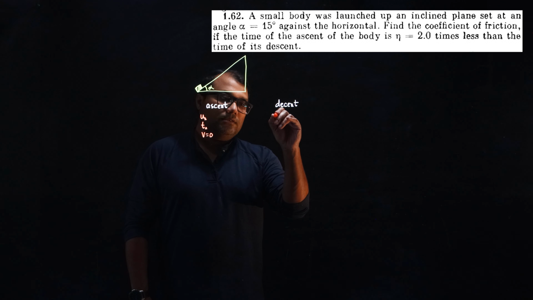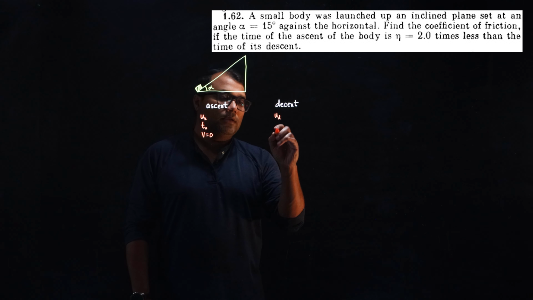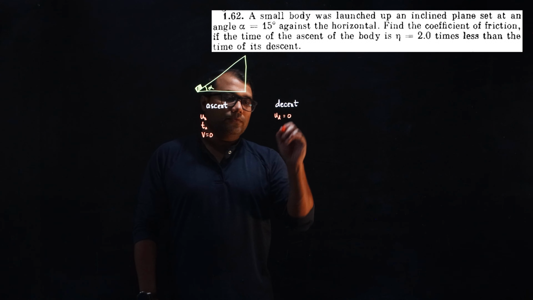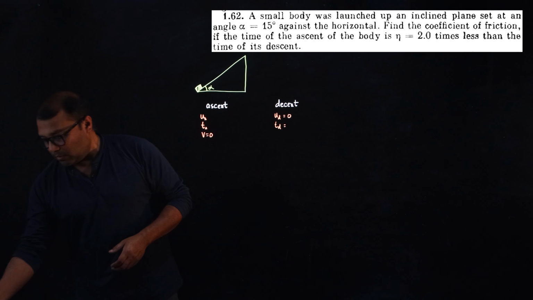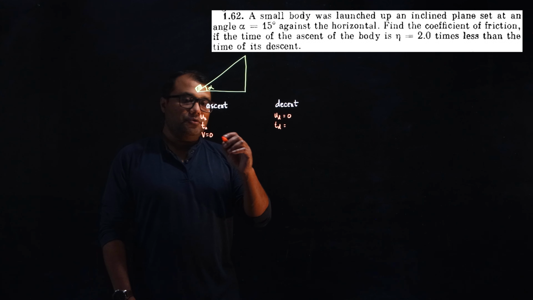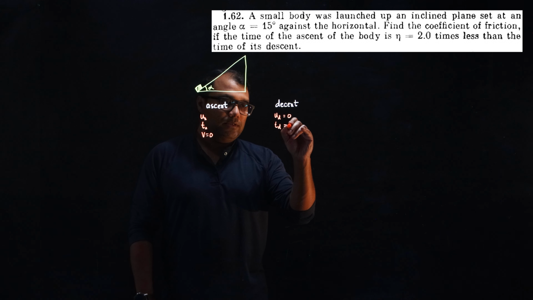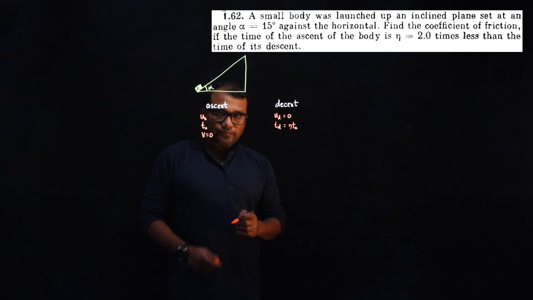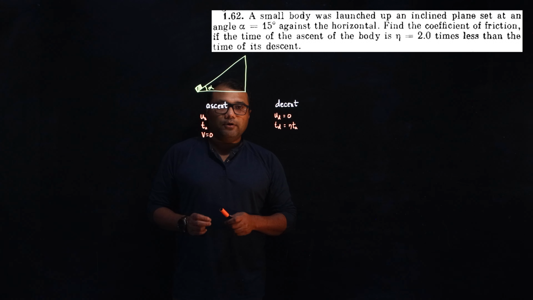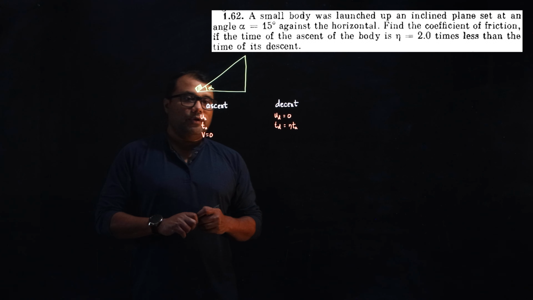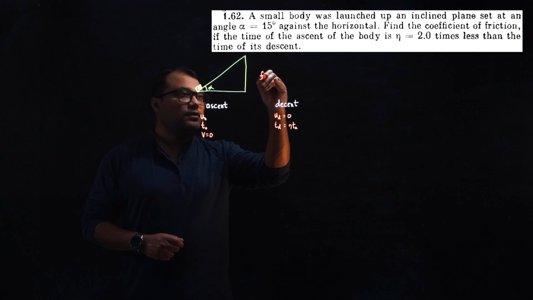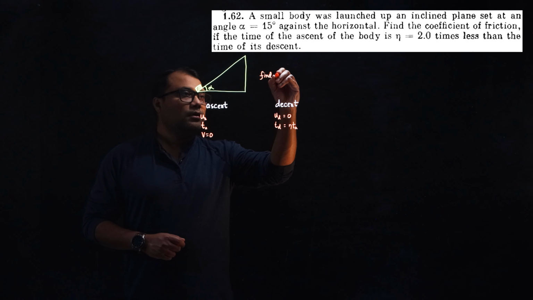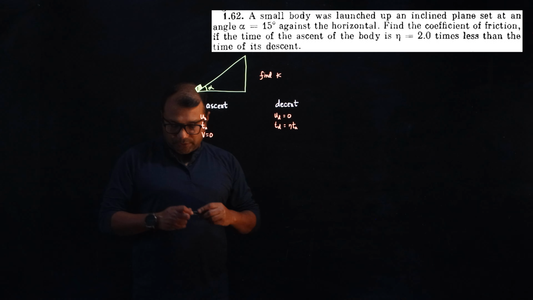In the descent case, UD, the initial velocity, is 0, and since the time of ascent is nu times less, the time of descent is nu TA. Okay, so these are our known facts, and we have to find K, the coefficient of friction.